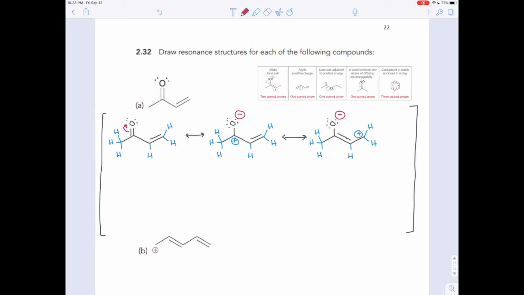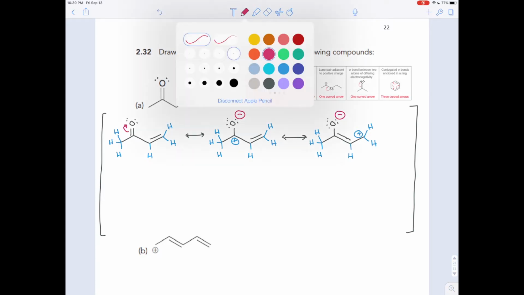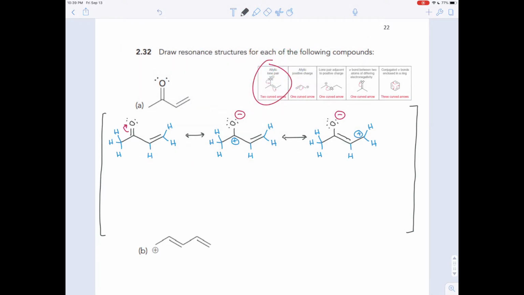Is there an allylic lone pair? There is. All these lone pairs on that oxygen are 1 atom away from an atom in a double bond. You go 1 atom over and you get to an atom in a double bond. So you could have that pattern, and I'll just draw another resonance arrow.